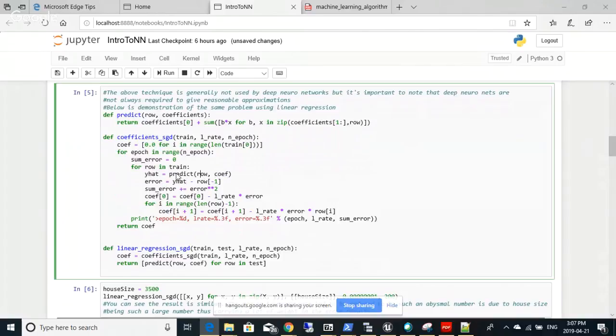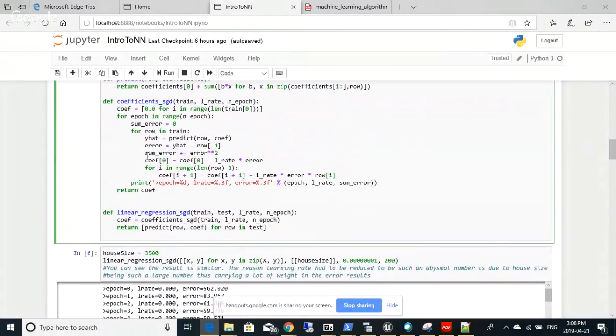For every row of data, you make a prediction, see how far off the prediction is, and then adjust your weights. This one is the weight for the bias, and these are weights for the x variables, so to speak. The first weight is set for bias.